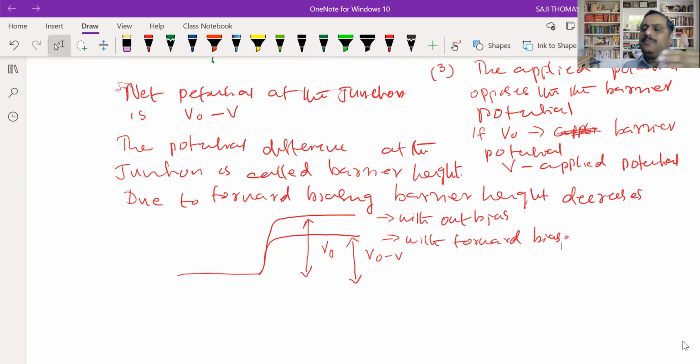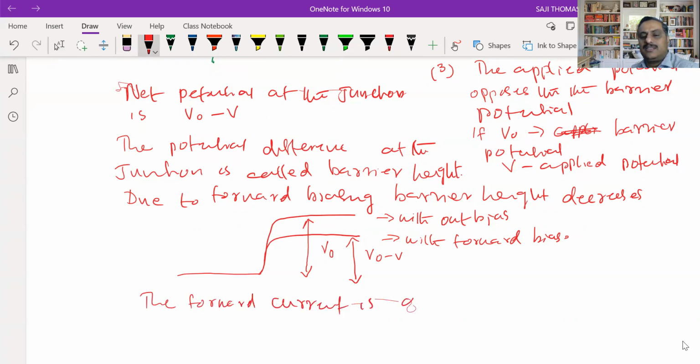So then there won't be any resistance for the current, for the diffusion of the charge carriers. But you have to remember the forward current is of the order of milliamperes.